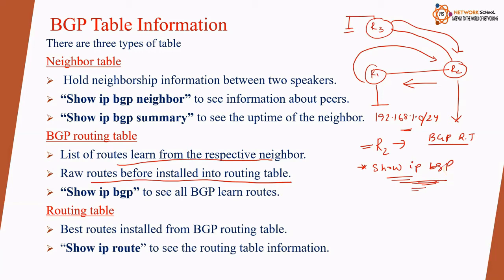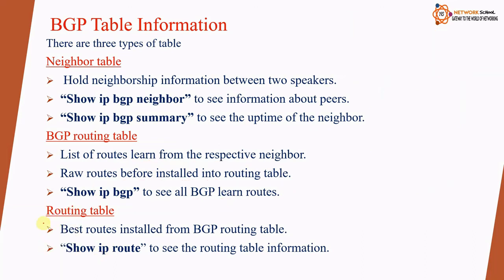In your normal routing table, maybe you will have BGP routes, static routes, or other IGP protocol routes. But if you only would like to see the BGP routes that a router has learned from its neighbors, you just need to use the command show ip bgp to see all the BGP learned routes.